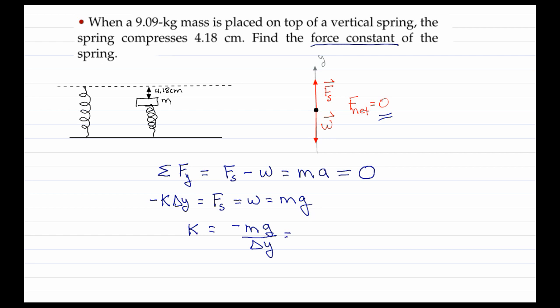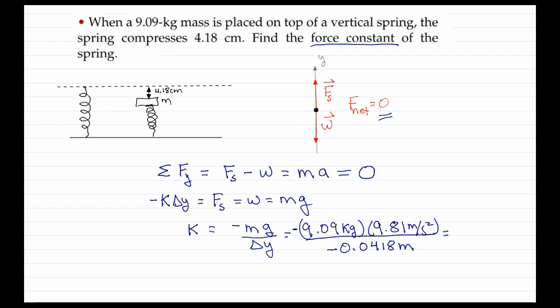So our mass is 9.09 kilograms. I forgot the negative in front. We have the acceleration due to gravity. And we divide by our displacement. So our displacement is actually downwards, so it's negative 0.0418 meters.